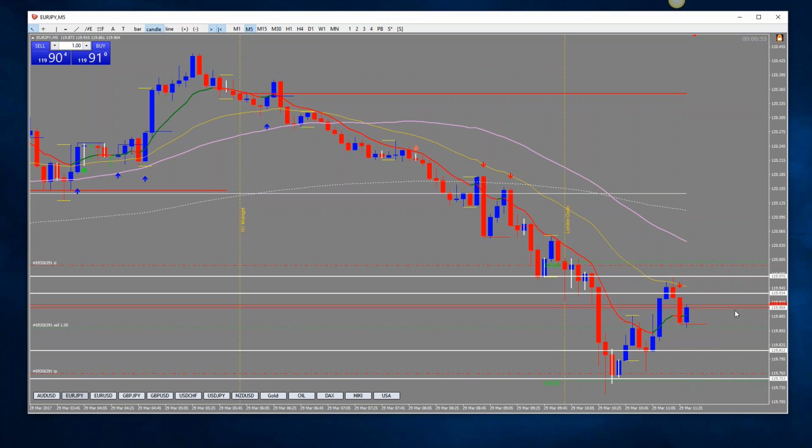So, am I looking for 1-to-1? No, not really. I don't really look at the risk to reward ratio as readily as that. So I don't know if that really answers that question or not.